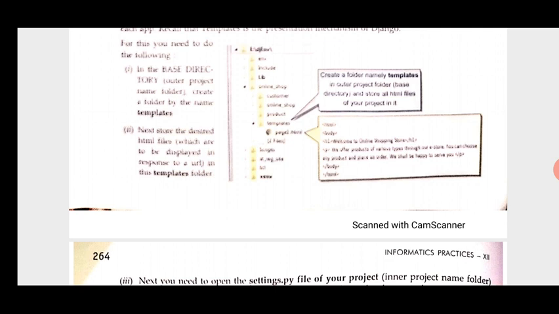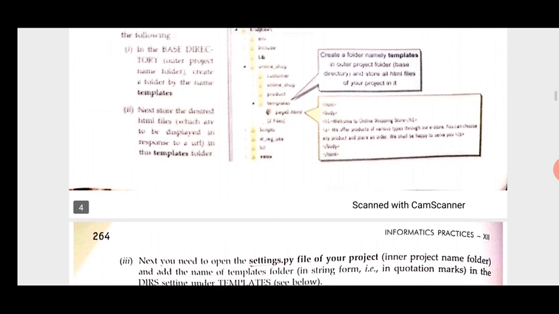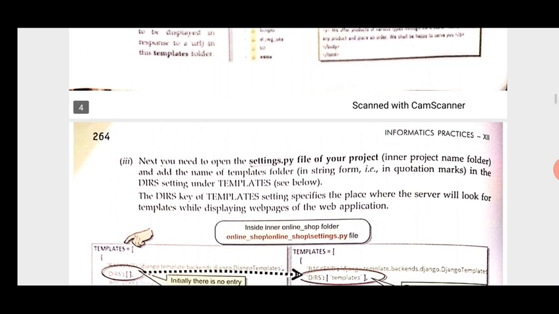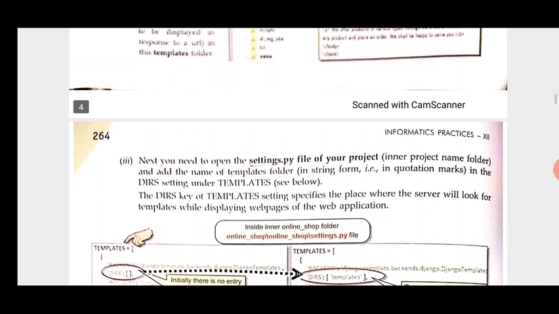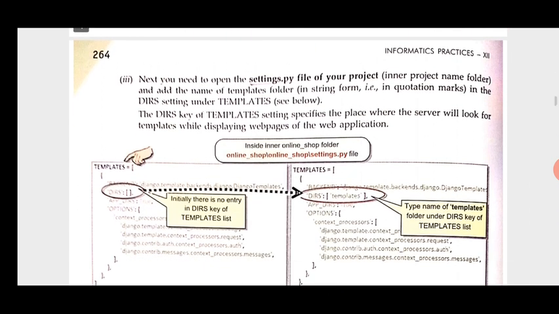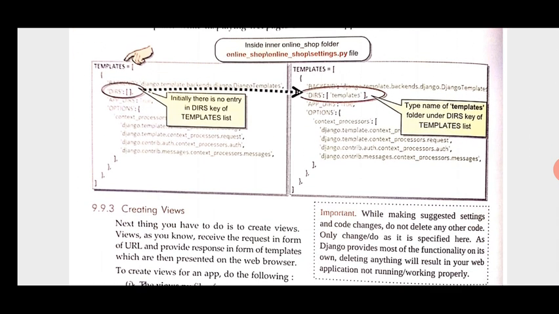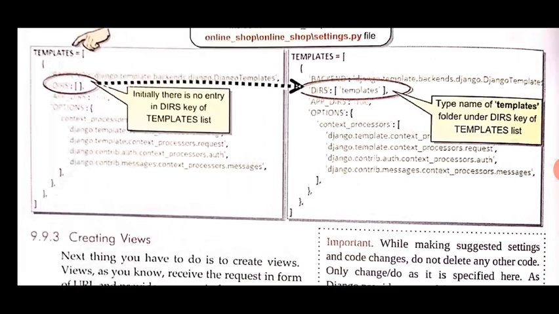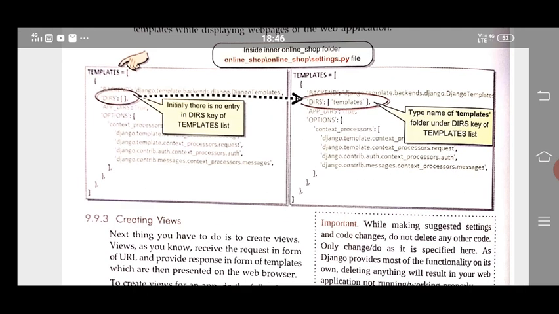And third, open the settings.py file and add the name of your templates folder in the DIRS setting under TEMPLATES. Here we can see in this picture, initially there is no entry in DIRS, but after the entry, your created templates folder is entered there. So this is needed for template creation.